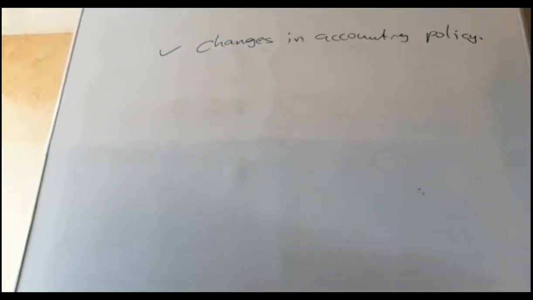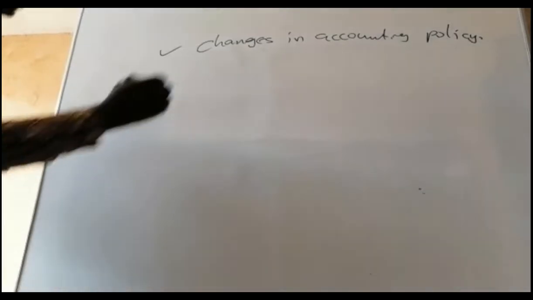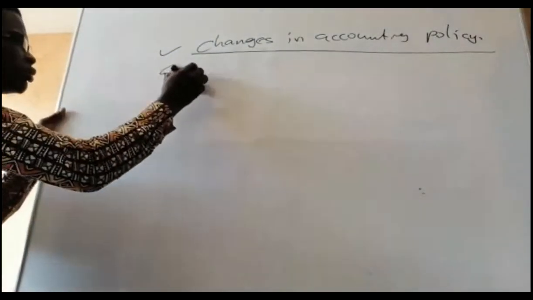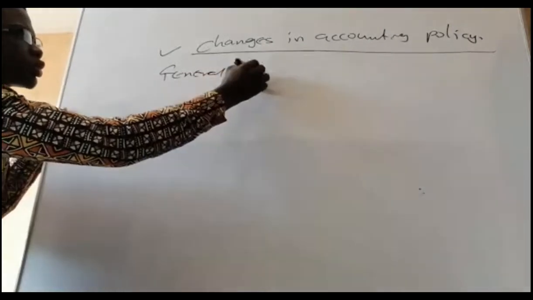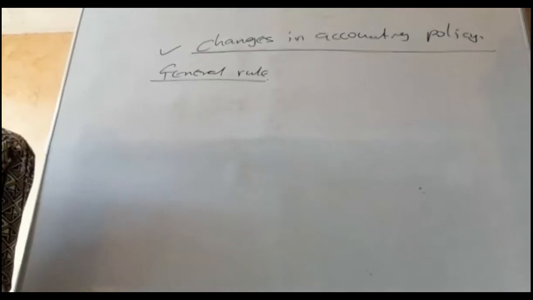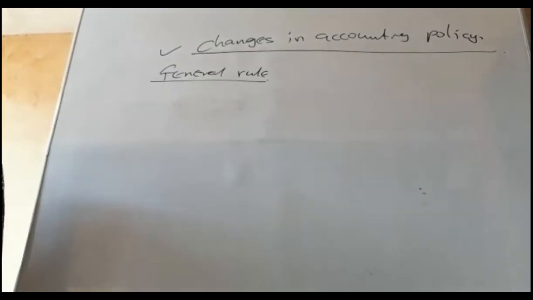Now, before we go to the changes in accounting policy, we have to tackle the general rule. What's the general rule? What is the general principle? The general rule says that accounting policy, once selected and applied, must be consistent from time to time, or must be kept the same from time to time to enable what?